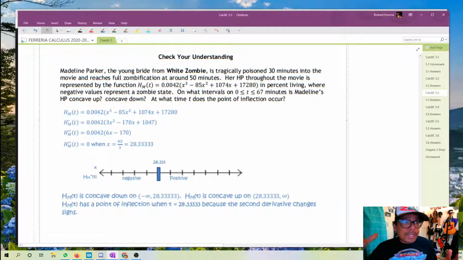So to summarize things, we have h of t is concave down from negative infinity to 28.333. H is concave up from 28.333 to positive infinity. And we have a point of inflection at t equals 28.333 because the second derivative changes signs.